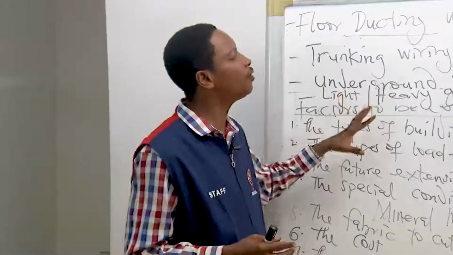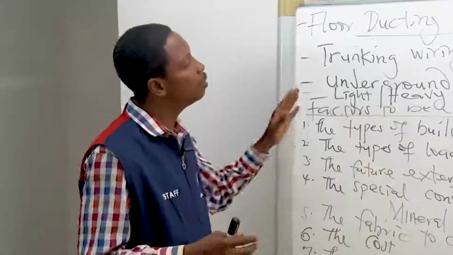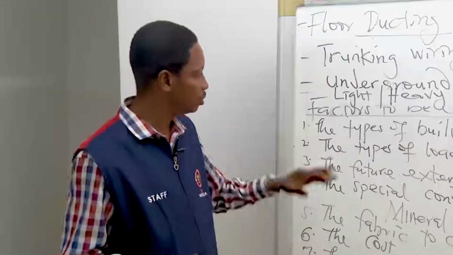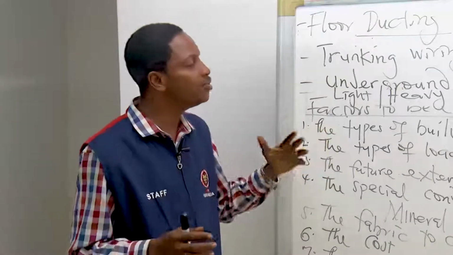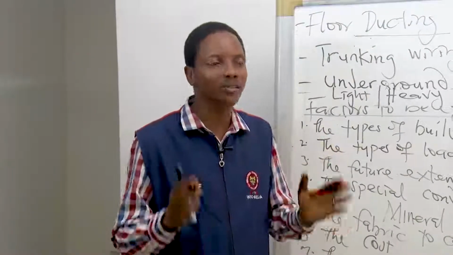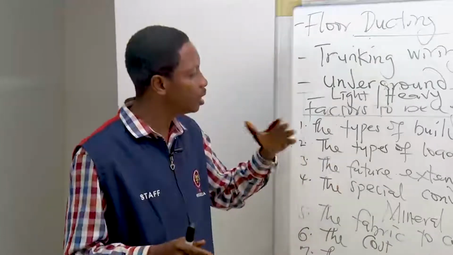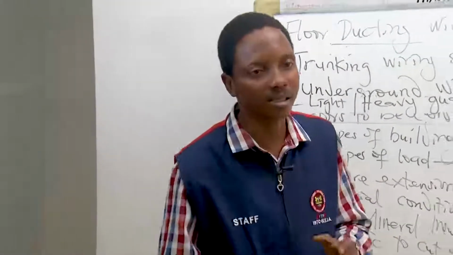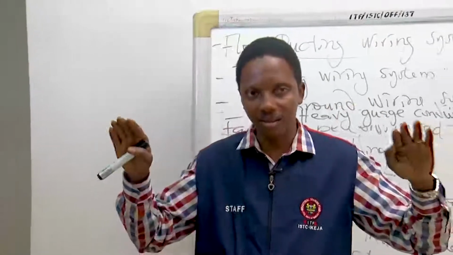So these are the factors to be considered when carrying out any wiring system. You consider the type of building. Even neatness is very key. The type of load, extension, be it for an overhead system, there is neatness, arrangement.